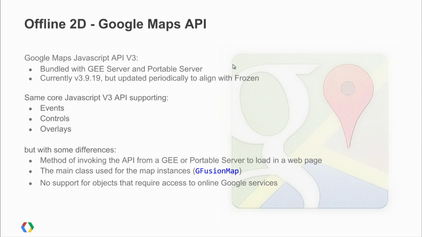But there are some subtle differences in the API that we provide with the portable server compared to the one that you load on google.com. Some of those differences include the way you actually call and invoke those APIs, because obviously you're not going to be getting them from Google. You're going to be getting them from the portable server, so they need to be loaded in your web page from there.